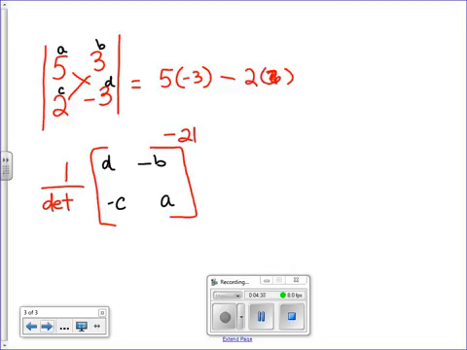And that's your inverse. Okay? So you find the determinant, and then you switch it around.